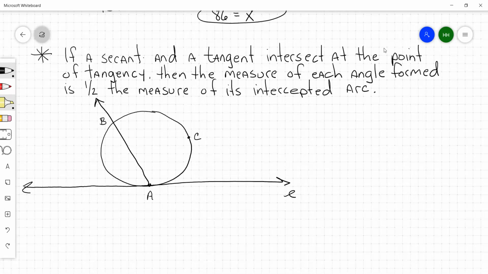We've got two angles right here, angle 1 and angle 2. Here's the rule, the measure of angle 1 is equal to 1/2 of arc AB. This angle formed is 1/2 of this arc.